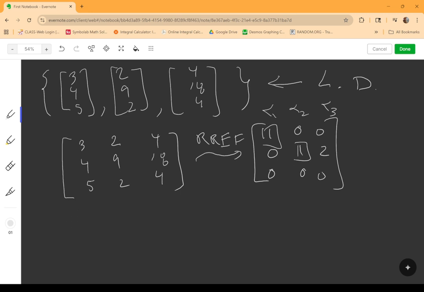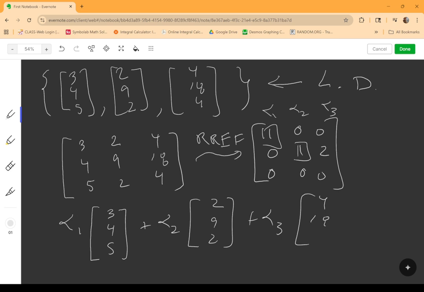Just to illustrate, what we're saying is that given this set, if we set the linear combination equal to the 0 vector, then I can find non-zero values for alpha 1, alpha 2, and alpha 3.